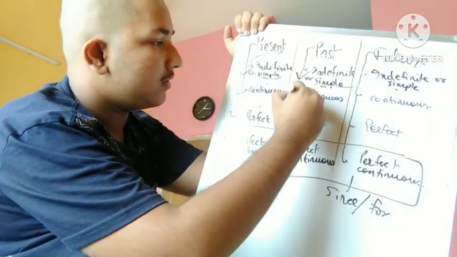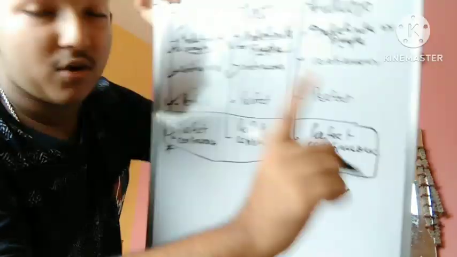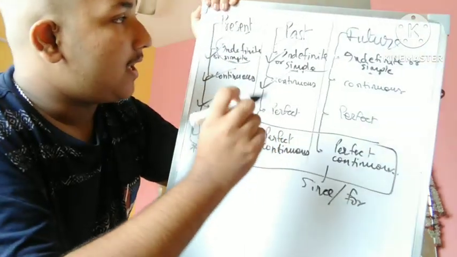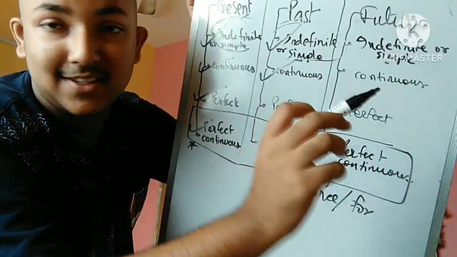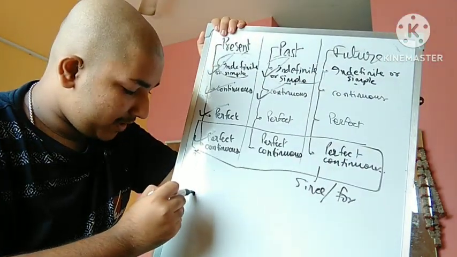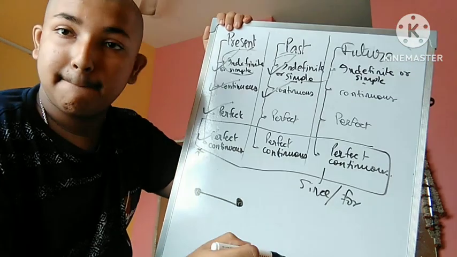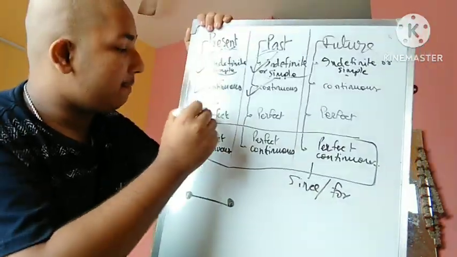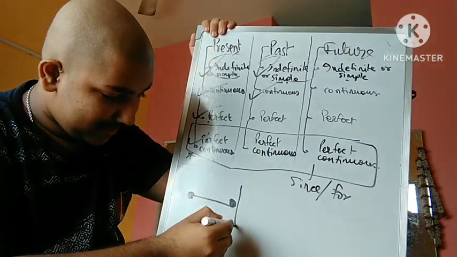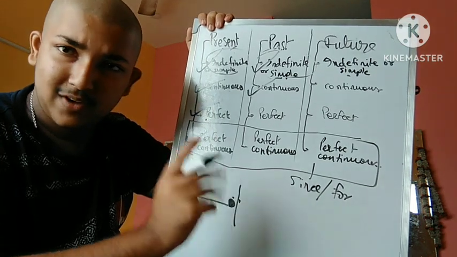Okay, done. Then a very interesting topic. Very, very interesting, and at the same time it is very important. What is that? Past perfect tense. It is very, very, very important. Means I know the starting point of that work, I know the ending point of that work, but in the case of present perfect, I was lying something here, means the distance between my ending point and my present time is very less.